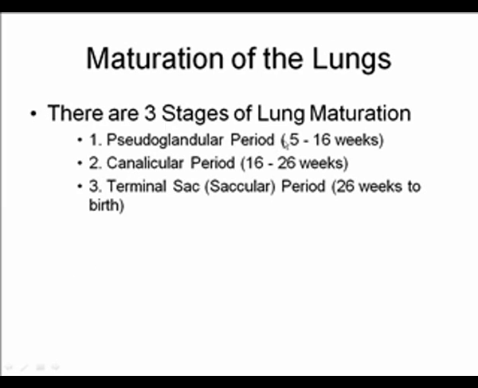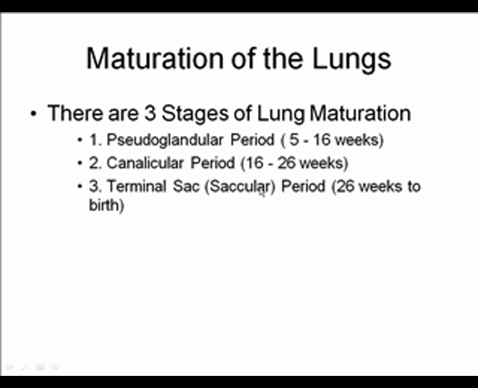When we talk about lung maturation, we can talk about three stages. The first stage we've been talking about is the development of the lung bud, and that can be called the embryonic stage. Then we can talk about a pseudoglandular period, which goes from that embryonic period, 5 weeks, to about 16 weeks, then a canalicular period, and then finally a terminal sac or saccular period.